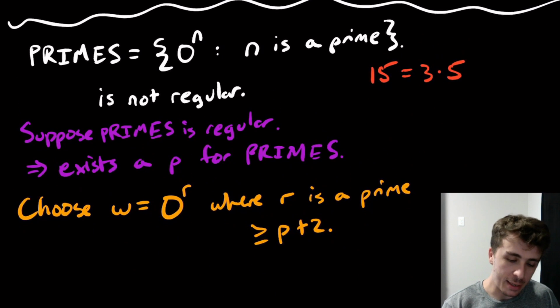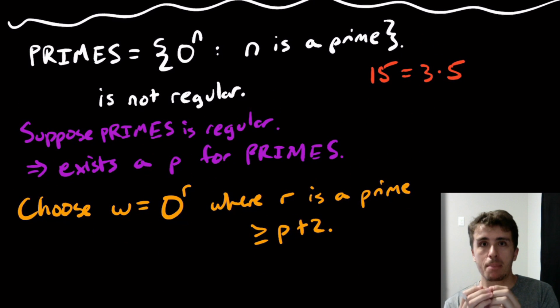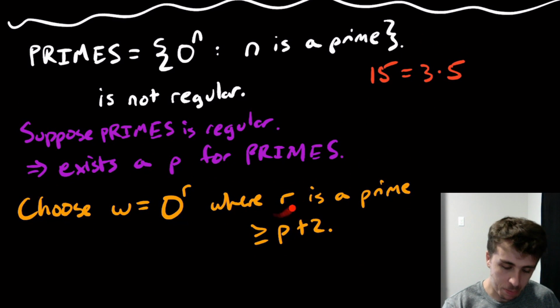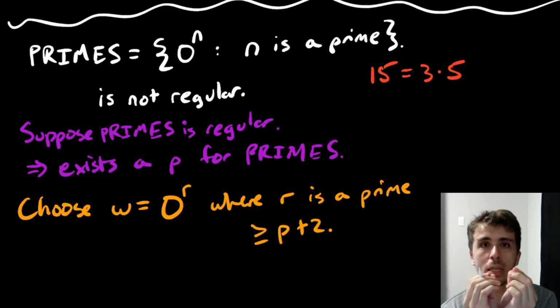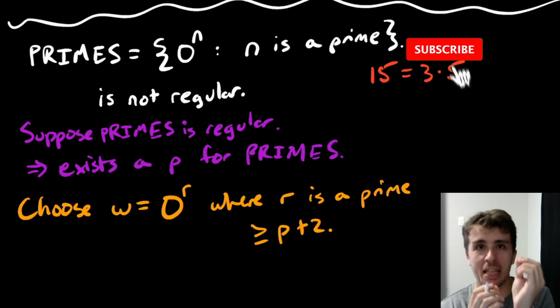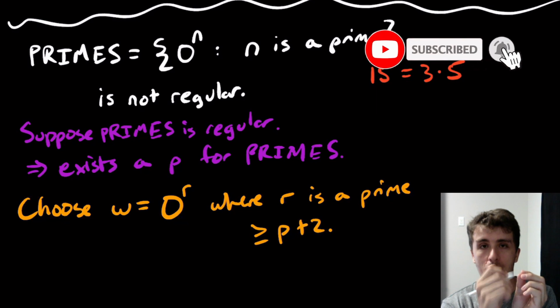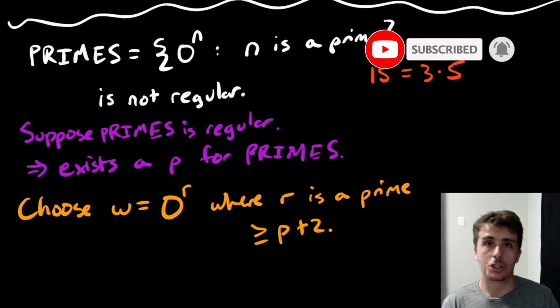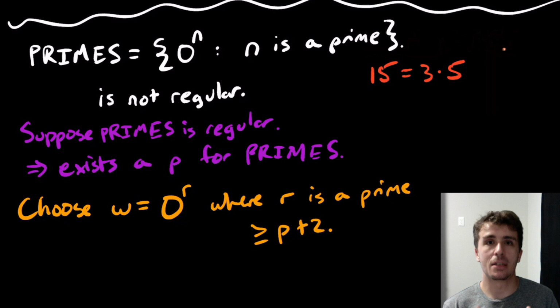It's not really clear here because it might be possible that wherever this prime is, there's a prime really, really close to it. And so it might be that if we pumped, we get to that particular next prime. So what I want to show is that you can actually avoid that at some point.